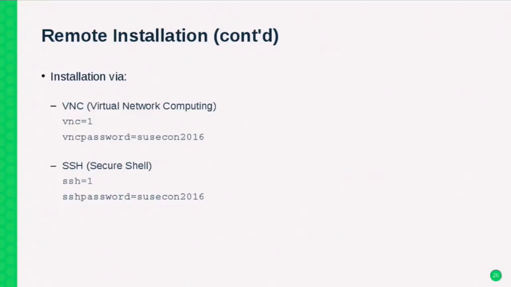Then you want to have the display somewhere else in your office. Then you can use VNC or SSH, which tunnels the X connection. That means you will supply a parameter VNC equals 1 and a password, or SSH equals 1, and then the installation will automatically go over the network.